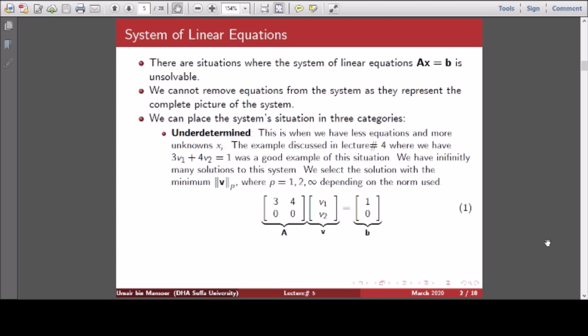If you remember, we discussed the case of a simple equation of a line in the xy plane: 3v1 + 4v2 = 1. This is a single equation with two unknowns, v1 and v2. We can represent it in matrix notation as you see in equation number 1.